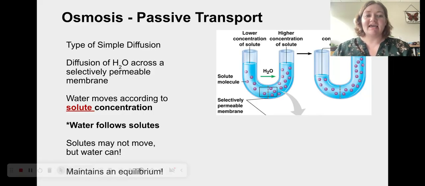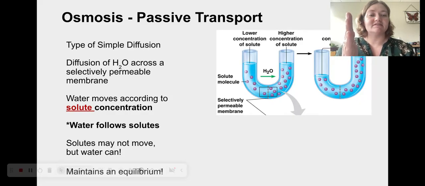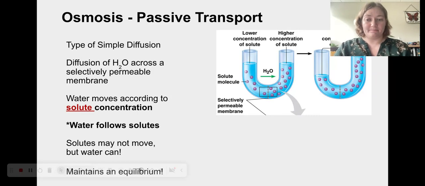So say we have a membrane, and this membrane is selectively permeable. It can allow water to move, but it can't allow a solute to move. It just doesn't have the means to allow the solute to move across the membrane. So what water is going to do is move across that membrane instead.